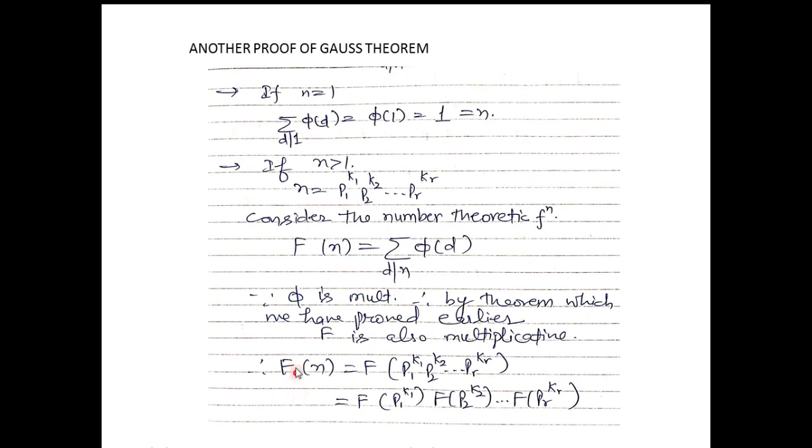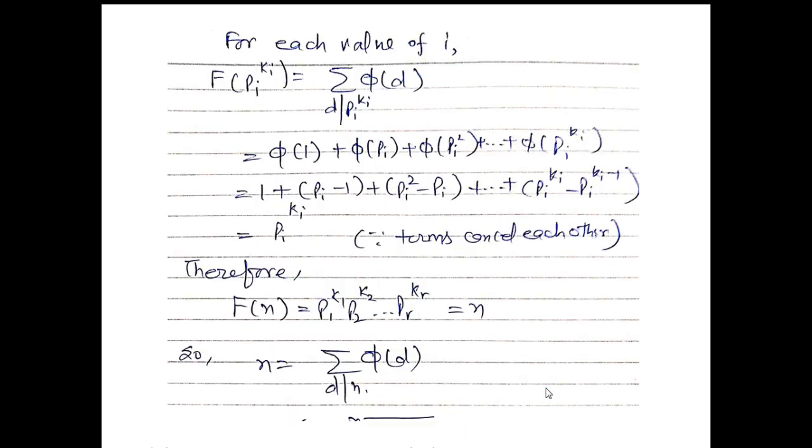Therefore, F(n) is F(p1 to the power k1 up to pr to the power kr). And since capital F is multiplicative, we can write it as F(p1 to the power k1) F(p2 to the power k2) up to F(pr to the power kr). So for each value of i, F(pi to the power ki) is equal to the summation of phi d, d divides pi to the power ki.